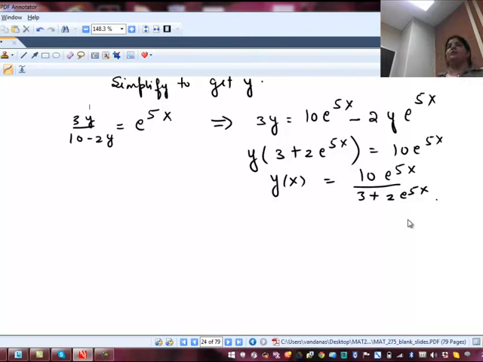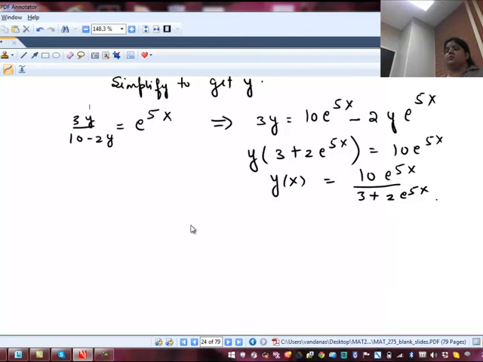It's infinity over infinity form. So L'Hopital's rule you can apply, right? So you will get what? 50 e to the power 5x divided by 10 e to the power 5x, right? Calculus.